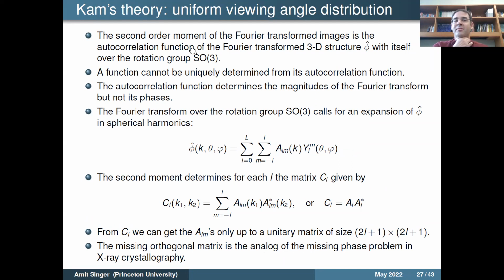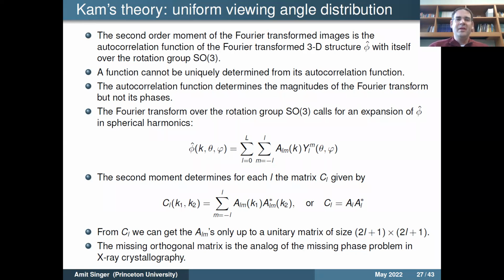Now we know that if I give you the autocorrelation function of a signal, it's usually insufficient to uniquely determine the signal. For example, in one dimension, over the line, if I give you the autocorrelation, the power spectrum of the signal, then you would end up with the notoriously famous phase retrieval problem.